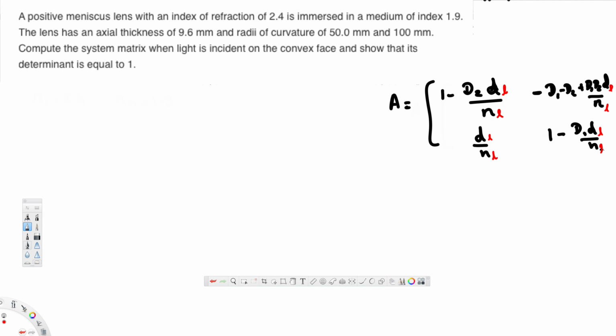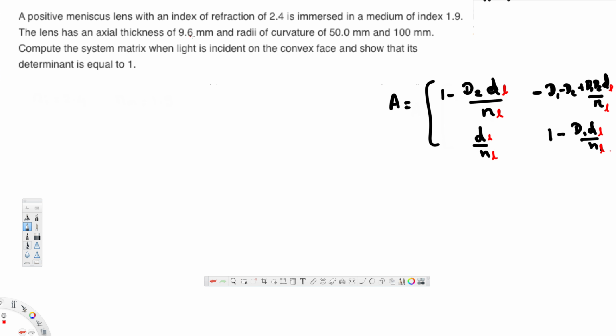Okay, and this D1 is representing the power of the first surface. The lens is going to have two surfaces, so D1 is the power of the first surface and D2 is the power of the second surface. Now let's look at the given information.